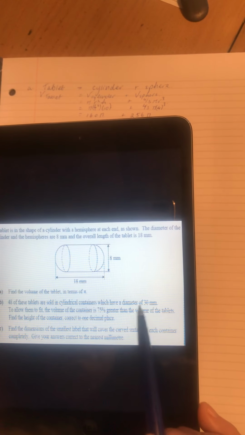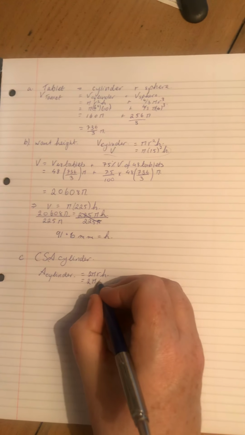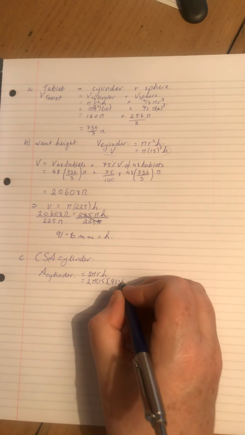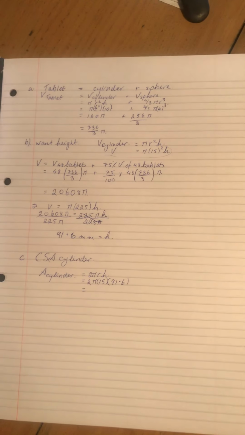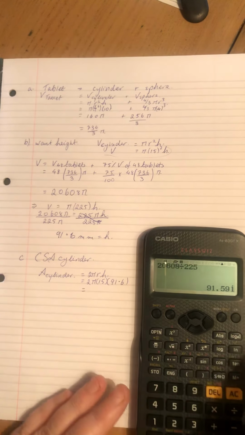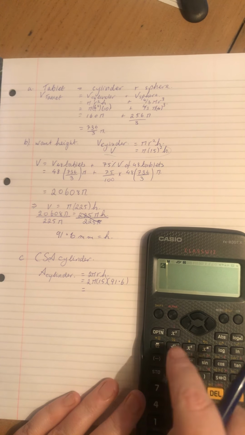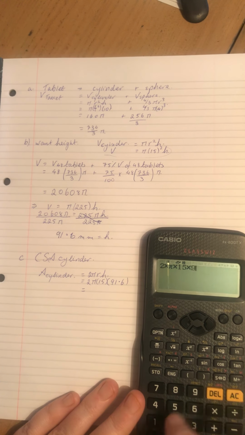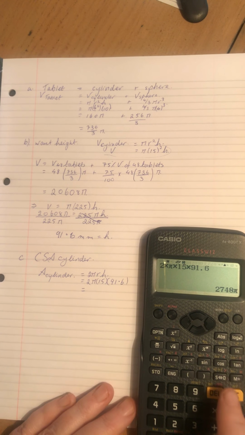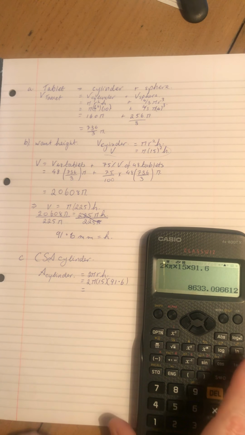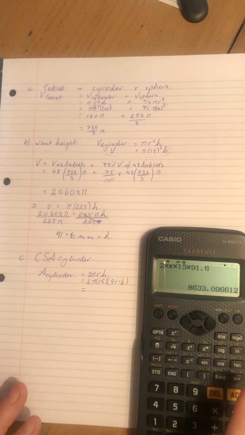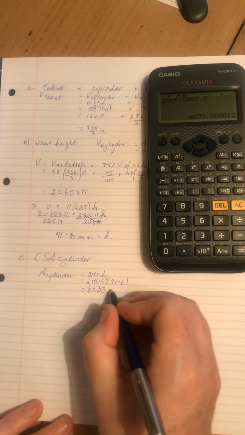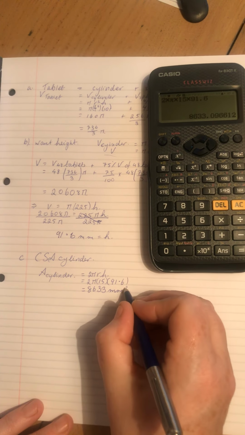So the diameter is 30, so the radius here is going to be 15, and the height that we've just worked out is 91.6, so we put that into 2 by pi by 15 by 91.6, and it wants it to the nearest millimetre, so these are in millimetres, so this means to the nearest whole number, so that's going to be 8633 millimetres squared because it's area.